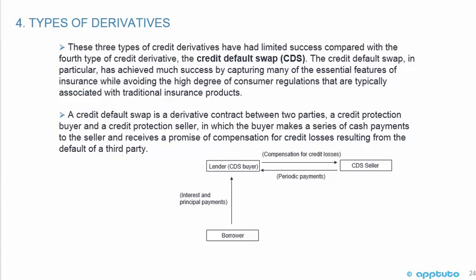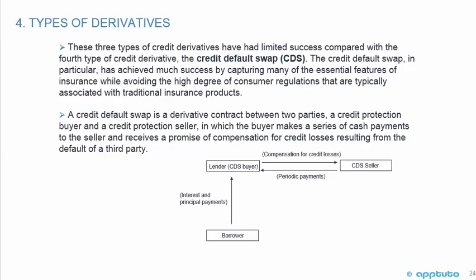The credit default swap, in particular, has achieved much success by capturing many of the essential features of insurance while avoiding the high degree of consumer regulations that are typically associated with traditional insurance products. So a credit default swap is a derivative contract between 2 parties, a credit protection buyer and a credit protection seller, in which the buyer makes a series of cash payments to the seller and receives a promise of compensation for credit losses resulting from the default of a third party.